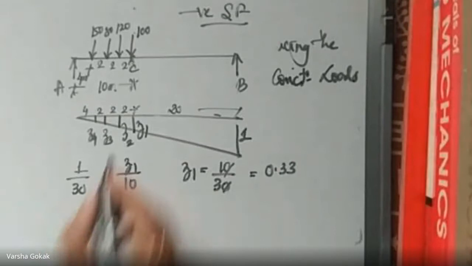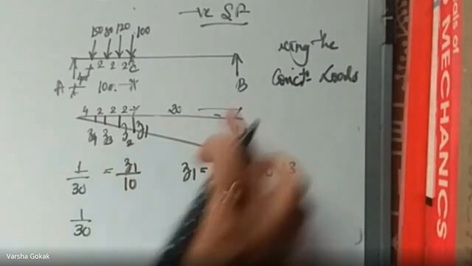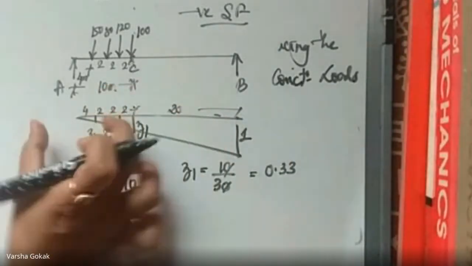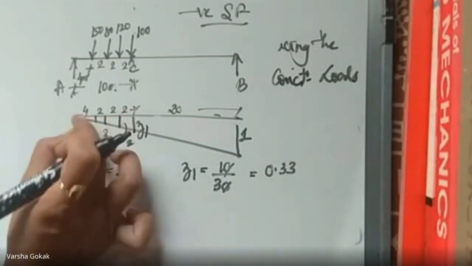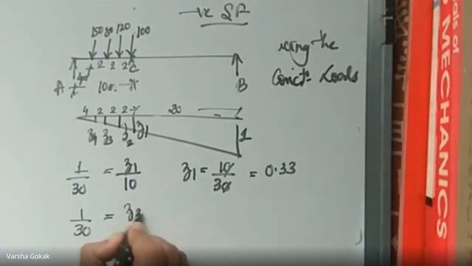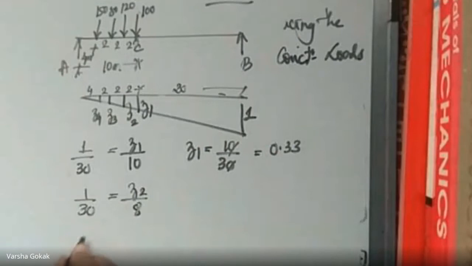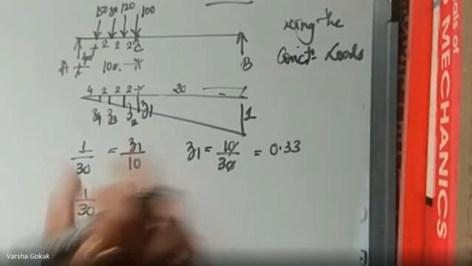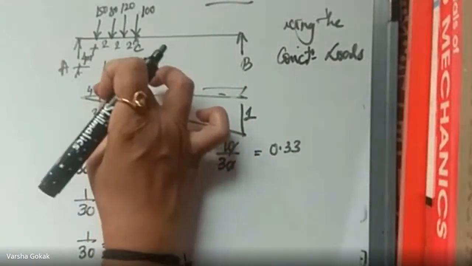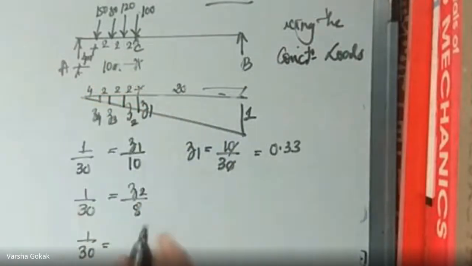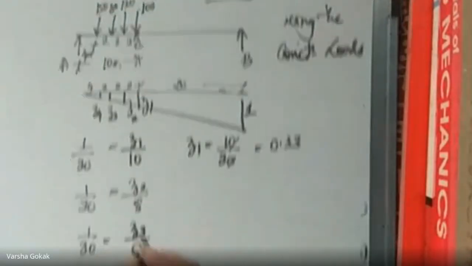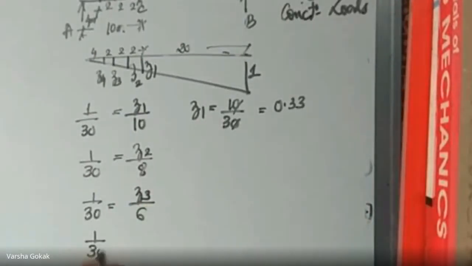Then next. 1 divided by 30 is equal to Z2 divided by this distance, 4, 5, 6, 7, 8, so Z2 divided by 8. Similarly, 1 divided by 30 equal to Z3 divided by 6, and 1 divided by 30 equal to Z4 divided by 4.